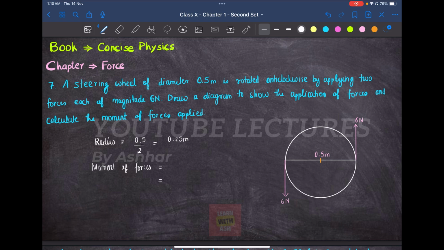So for that, I have to do 6 multiplied with 0.25 plus 6 multiplied with 0.25. I have to do that in whole. So what I will be getting over here is 1.5 plus 1.5, which is nothing but 3 Newton meter. And if you want to write the direction, you can write it as anti-clockwise. So this 3 Newton meter will be my final answer for this particular question.